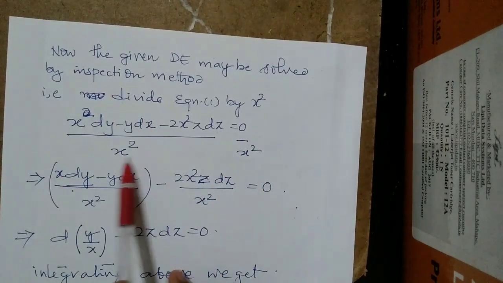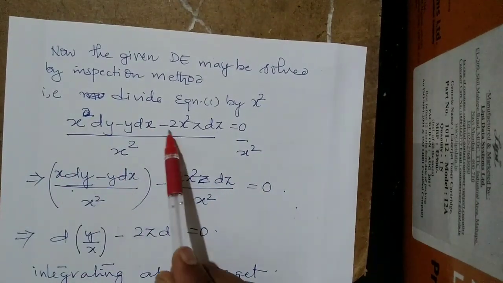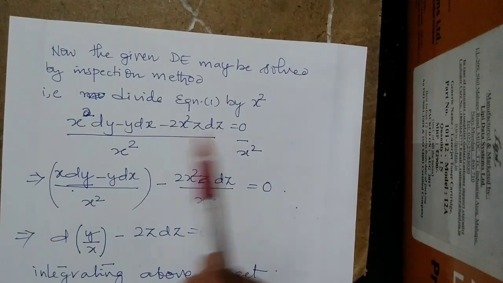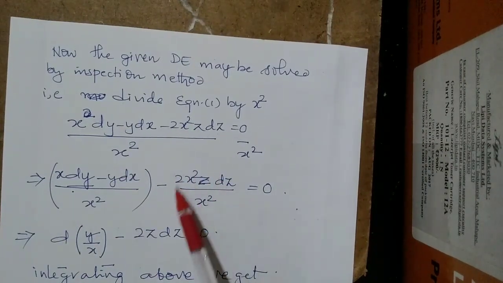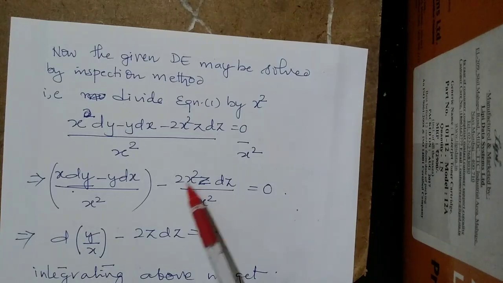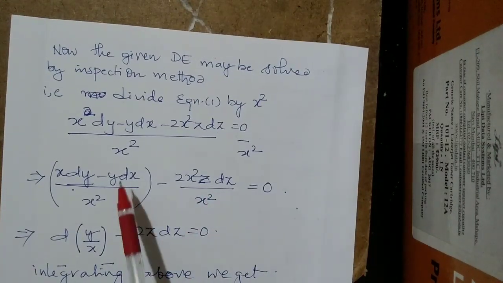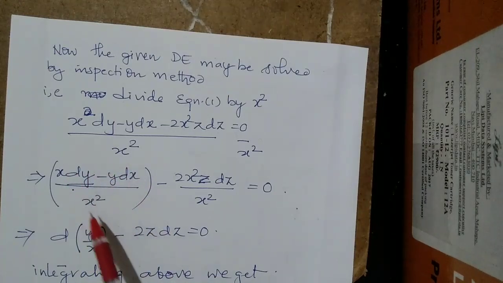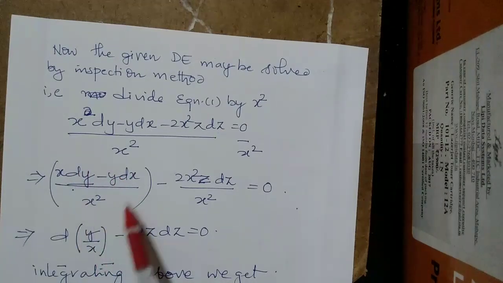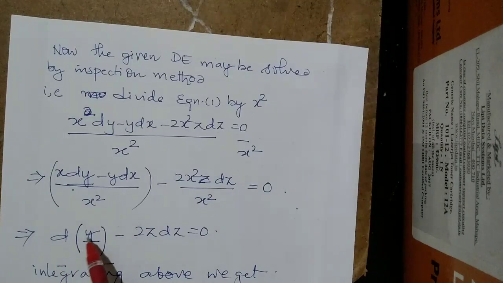And these two parts I will take in one bracket, and the remaining is 2x square z dz divided by x square. So x square will get cancelled, and 2z dz will remain here, and this is the standard differential. Suppose we find the differential of y by x, we will get this, so this can be directly written as d of y by x.